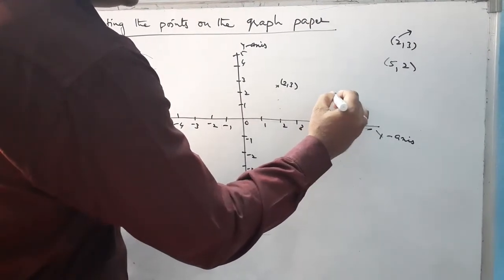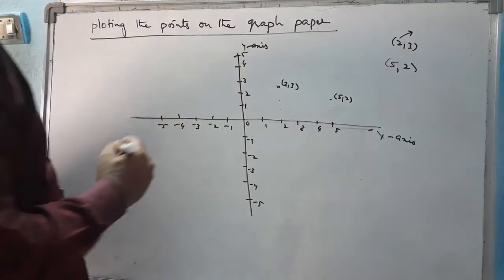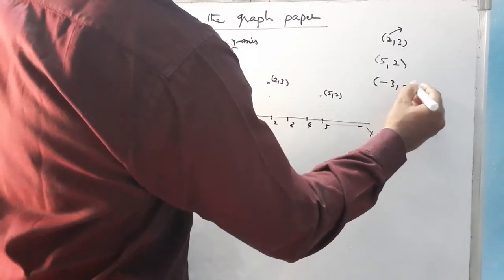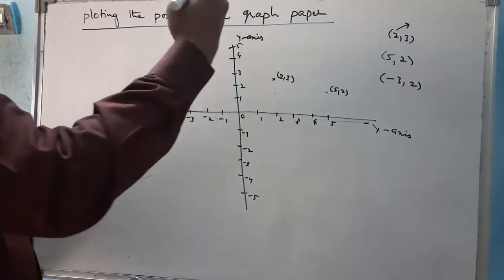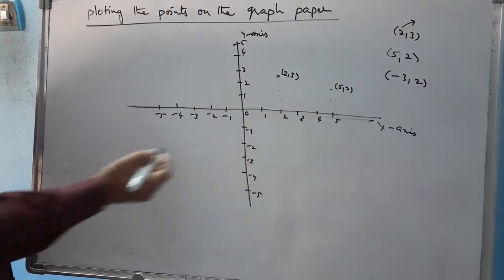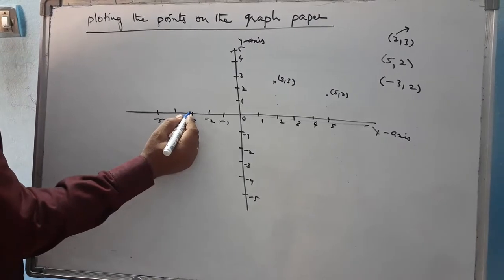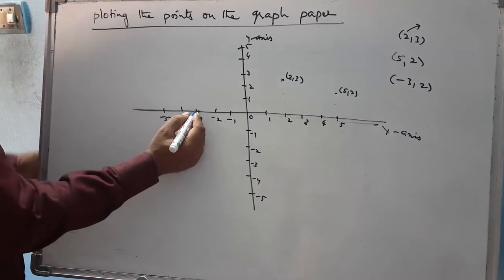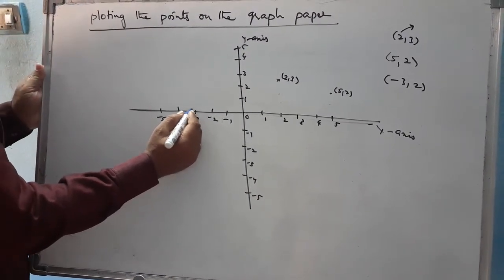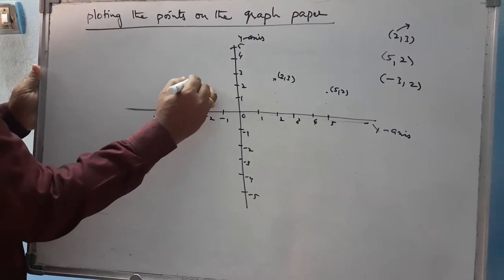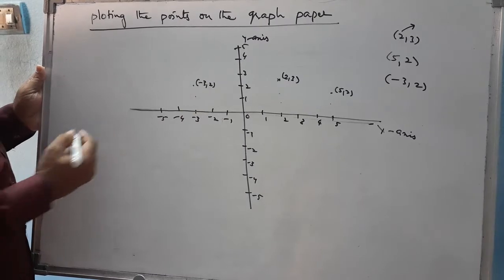So it is nothing but (5, 2). Next, I am taking another example, (-3, 2). Here -3 is on the x-axis, and the y coordinate is 2, so we have to move upside 2 units, 1 unit and 2 units. So this point is known as (-3, 2).